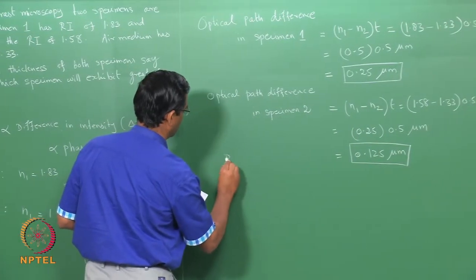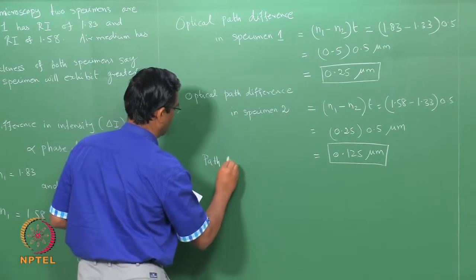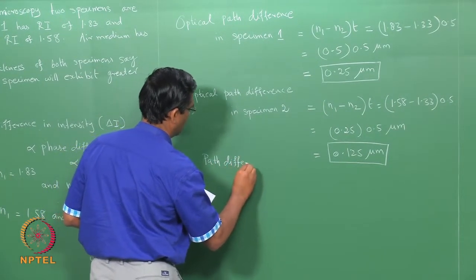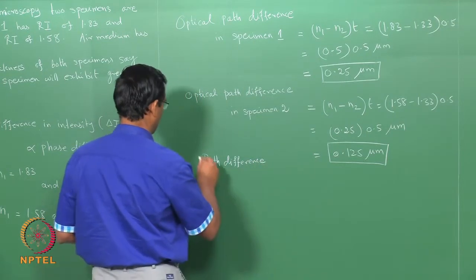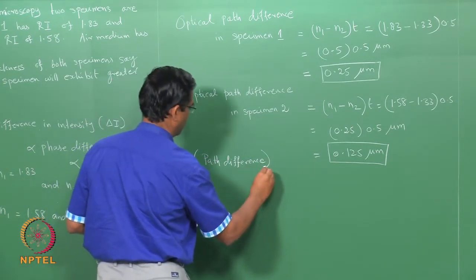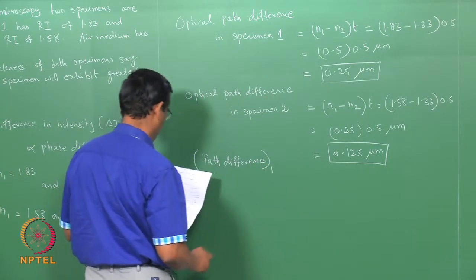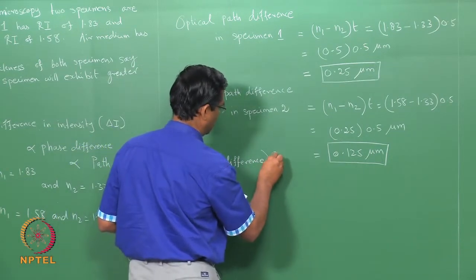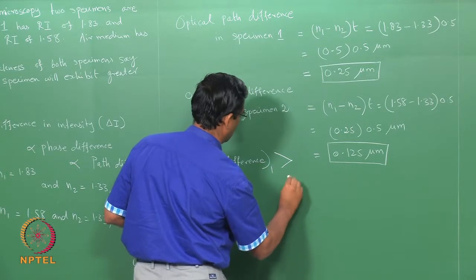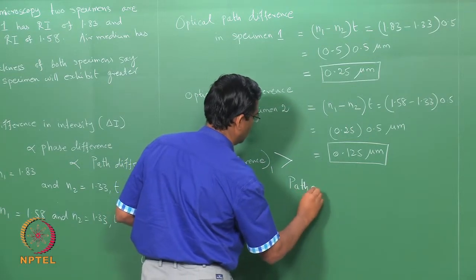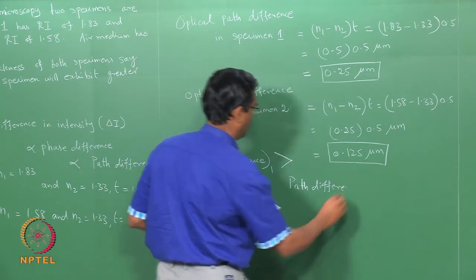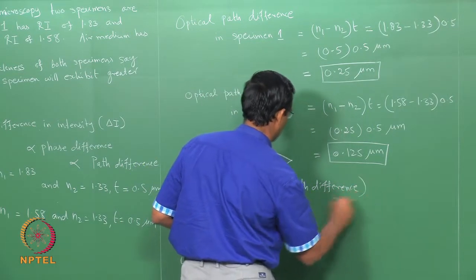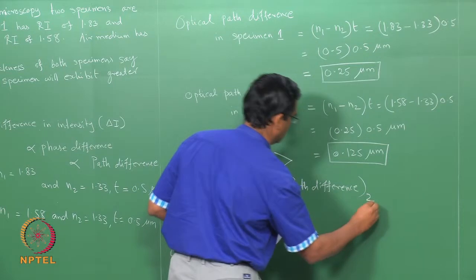The path difference exhibited by specimen 1 is greater than the path difference exhibited by specimen 2.